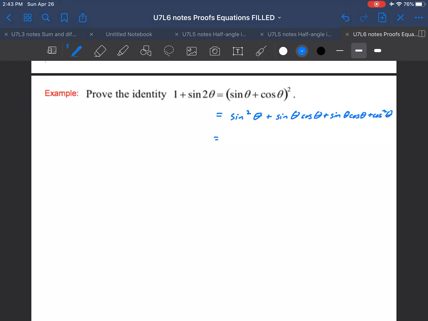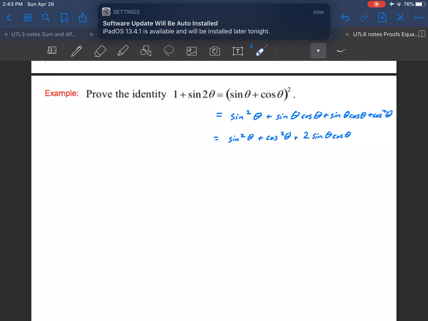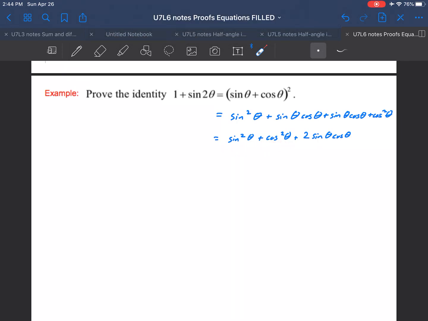Now, if I rewrite it, this is equal to sine squared theta plus cosine squared theta plus 2 sine theta cosine theta. All right, so again, the sine squared and the cosine squared, I've just moved that here. We know that's going to equal 1. And then these two terms, sine theta cosine theta plus sine theta cosine theta, I've combined.